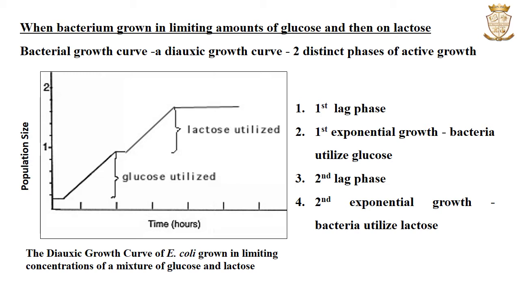If glucose is available, then it is always metabolized first in preference to other sugars. Only after the complete utilization of glucose will the metabolism of lactose begin. From this image, which is the diauxic growth curve of Escherichia coli grown in limiting concentrations of glucose and lactose, during the first lag phase and the first exponential or logarithmic phase, the bacteria are utilizing glucose only.